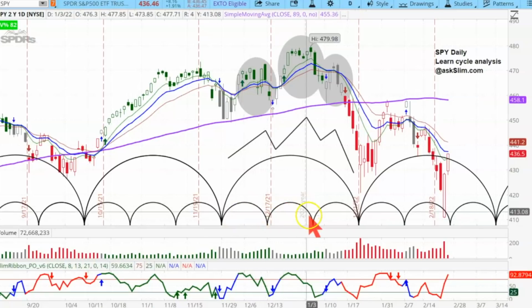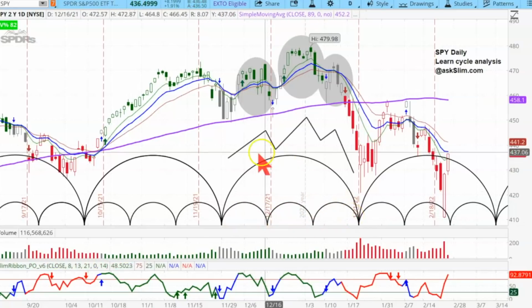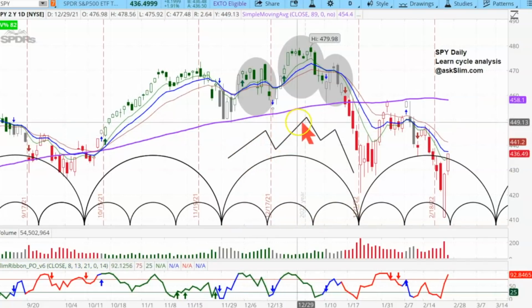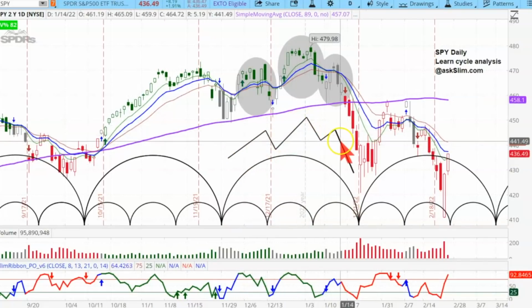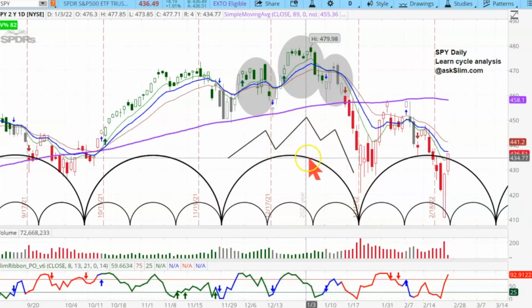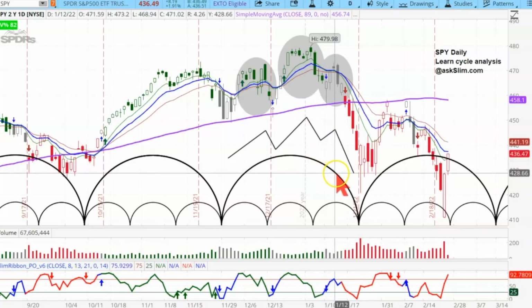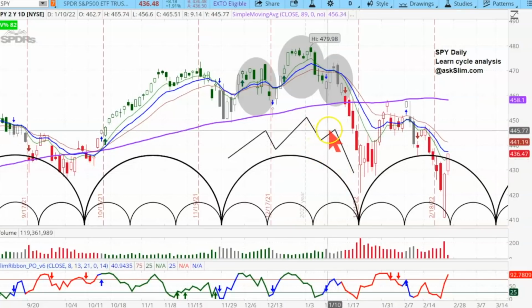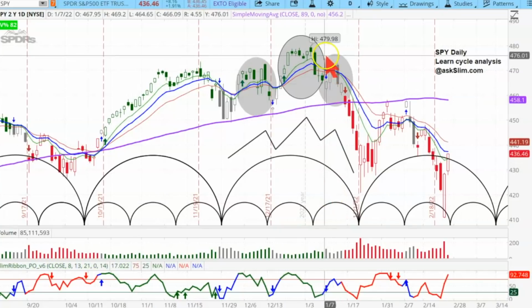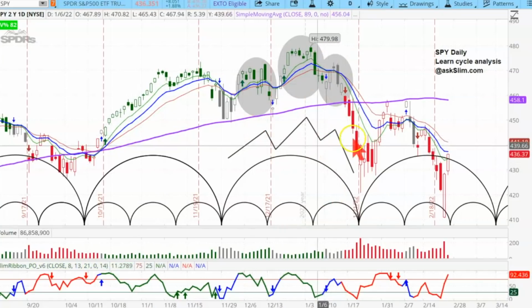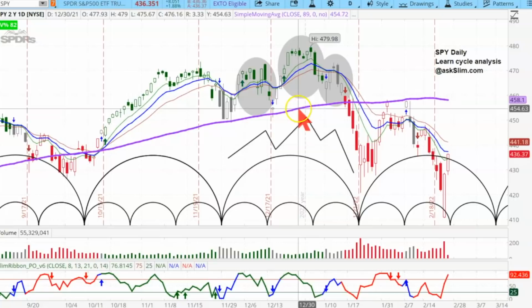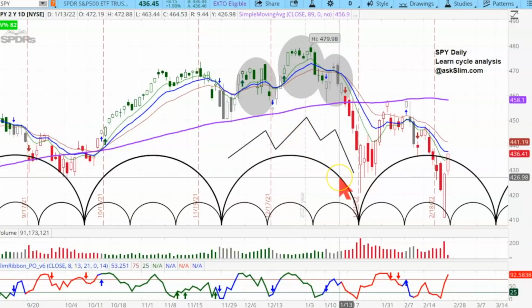Now you see these 1, 2, 3 cycles right in here. Well, this is how they actually formed, and you can see how that makes a head and shoulders. When this dominant pressure right over here is strong, it prevents this rally right here from making a higher high, and then it creates the head and shoulders. So that's just a little basic lesson in here.